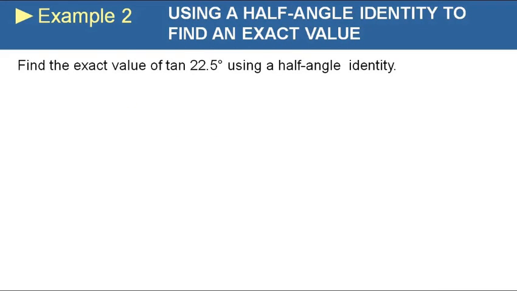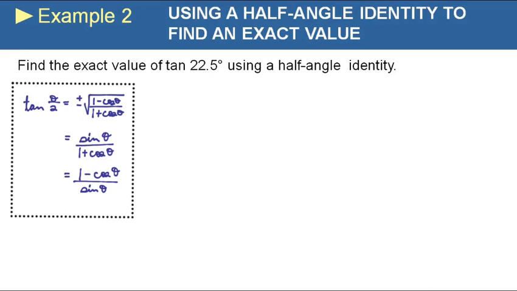Alright, this time let's find the exact value of the tangent of 22.5 using a half angle identity. So I need to pull out the identity for the tangent of x over 2, and I have three choices here. And so which one should I choose? Well, I guess the one that's the easiest to use. Probably this top one is not easiest to use because it does involve that radical.